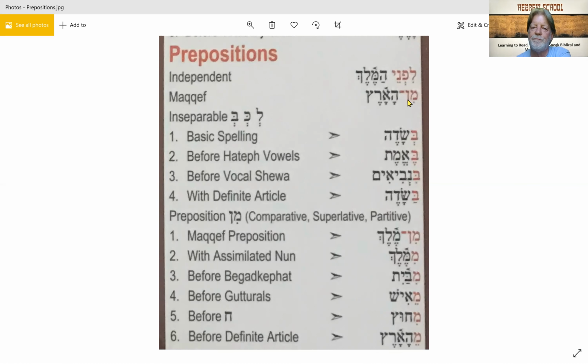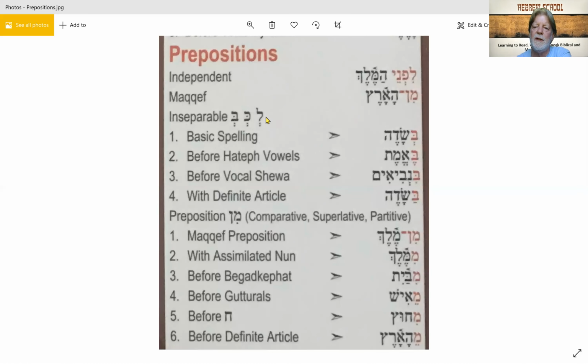Then we also have inseparable prepositions, and the ones that we'll be focusing on today are ba, ka, and la. This is bet, kaf, and lamed. Those are the three that we'll be learning.